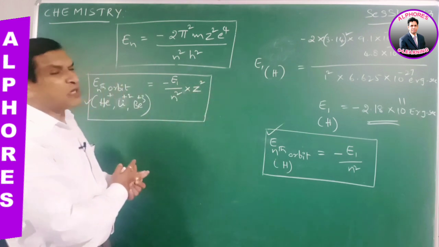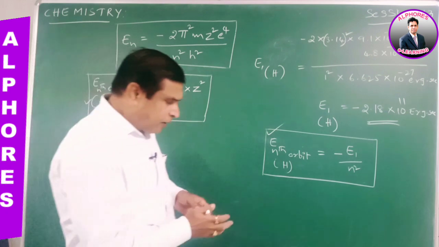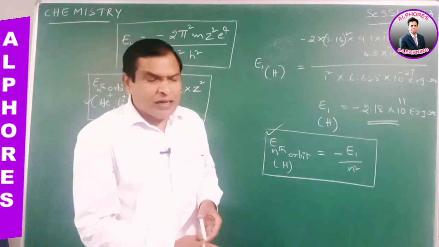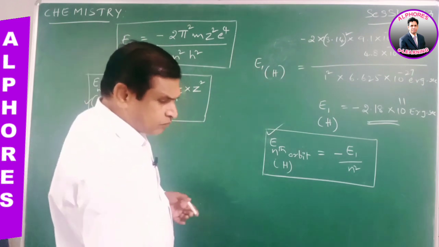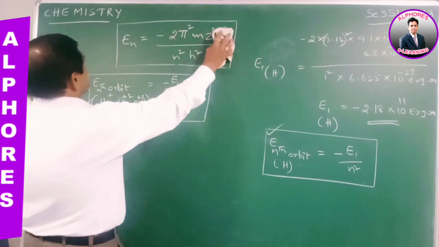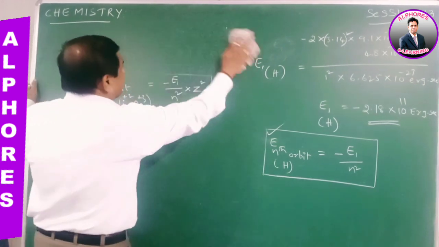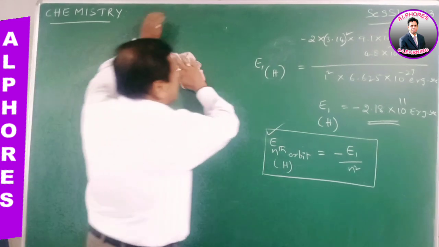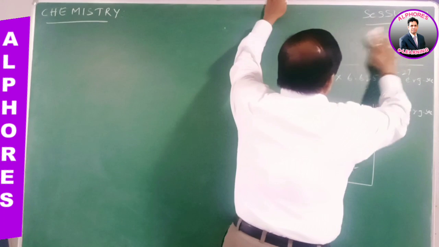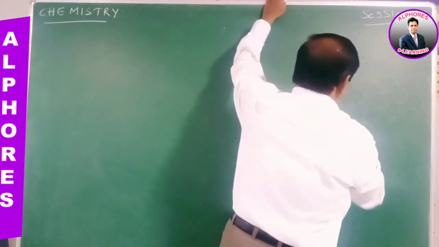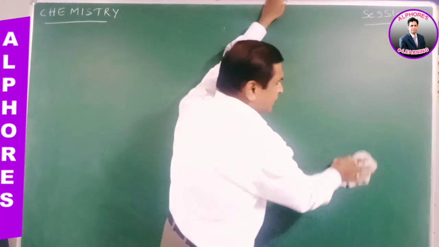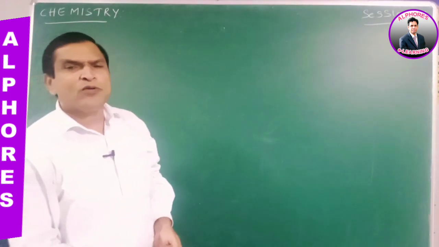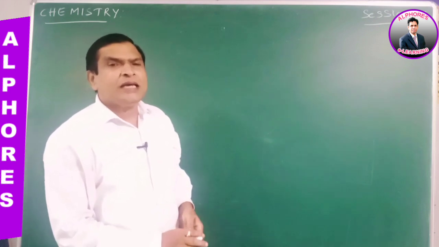Now let us take up the next concept, which is the velocity of the electron in any orbit.